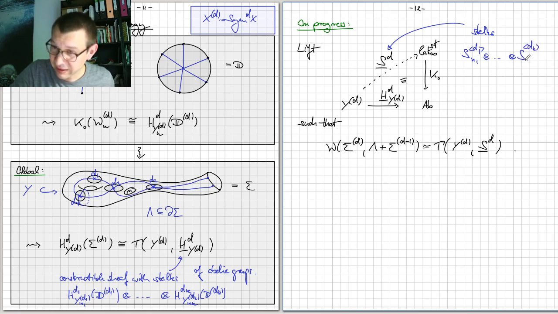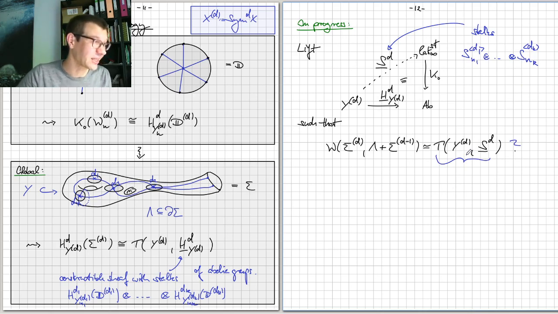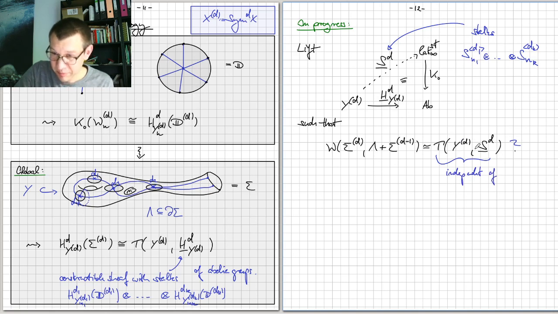And so this we would like to do, and the reason why this is interesting is because what you can then check, it's somehow rather clear, modulo some coherence questions, is that this construction is independent of the choice of this y.